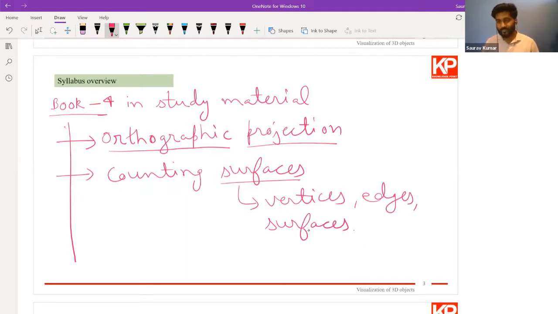If you guys are not familiar with any of these words, you can ask. It's like if we have the cube, so these are the vertices, then this is the edge, and then this face, it's the surface. So this is what counting surface is.